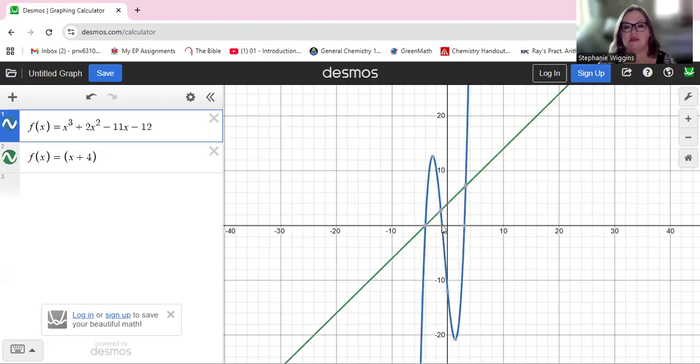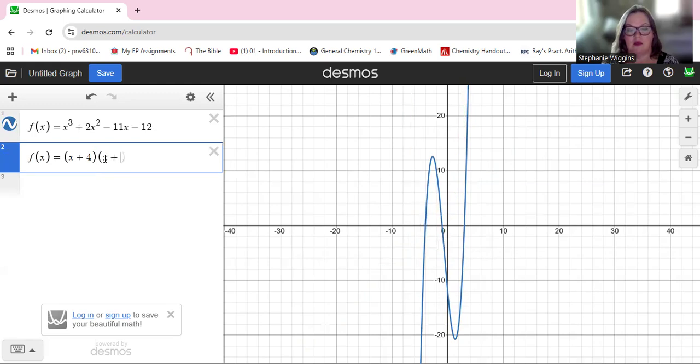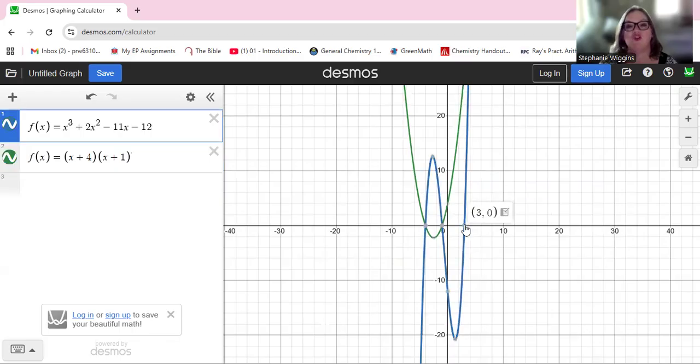And since here we have -1, 0 was also an x-intercept, then I know that x plus 1 is a factor. And finally, this intercept right here, which is 3, 0, tells me that x minus 3 is a factor.